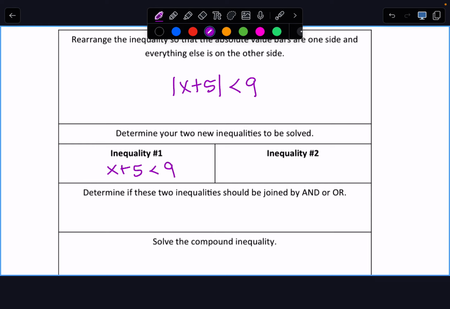We are then going to ditch the, excuse me, the absolute value sign. I said that wrong. We're going to ditch the absolute value sign, and we're going to flip and flip. Thumbs up for and, thumbs down for or.